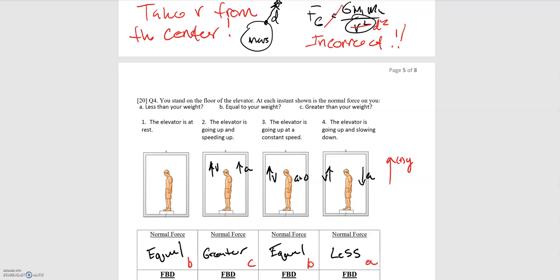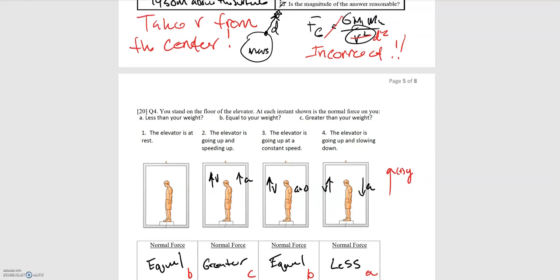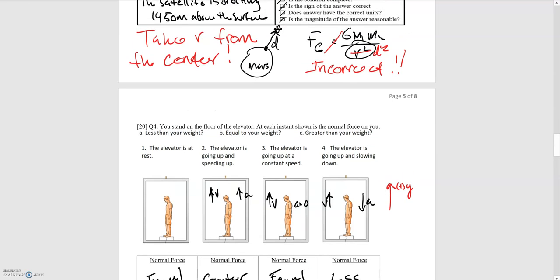So let's draw our forces. The elevator is at rest. If it's not moving, what do we know about the sum of the forces? The acceleration is 0, so the sum of the forces must be 0. So we have a weight force downwards, and a normal force upwards that is equal and opposite to the weight.